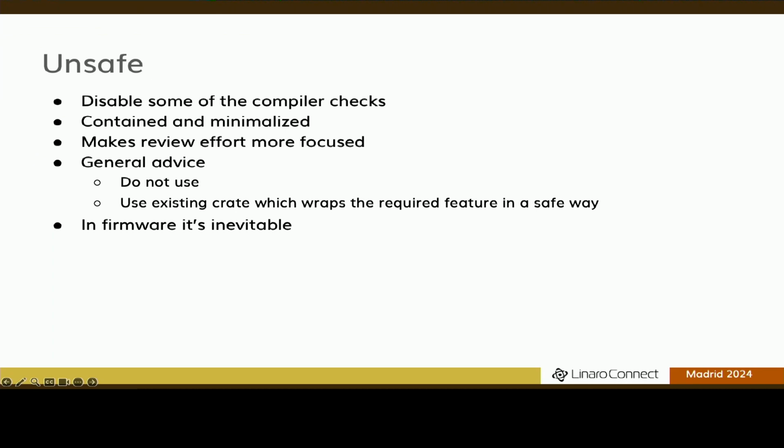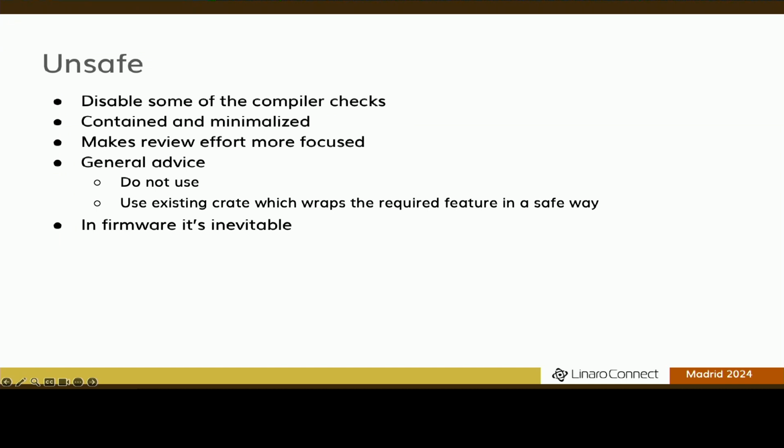This results in a contained and minimalized unsafe code. And the unsafe code is clearly marked because it can only happen in the unsafe block. This results in better focused review efforts because you only have to be really careful with the unsafe blocks.